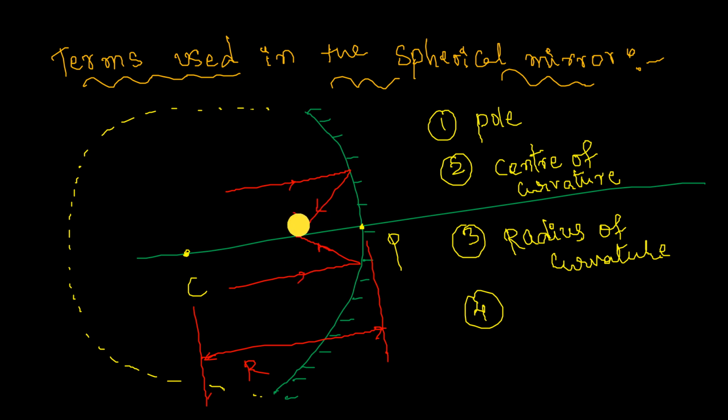Actually, the line joining the center of curvature and pole is called the principal axis. So this is the principal axis. After reflection, all light rays will be reflected back and meet at one point on the principal axis.